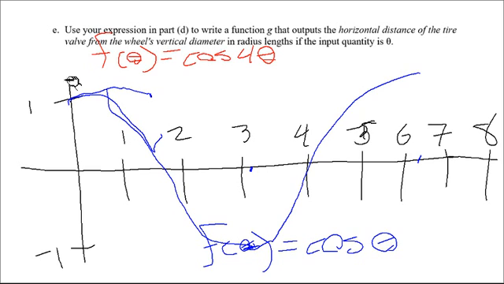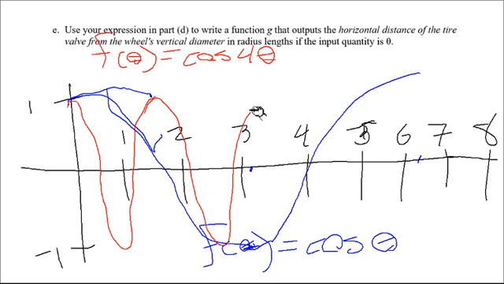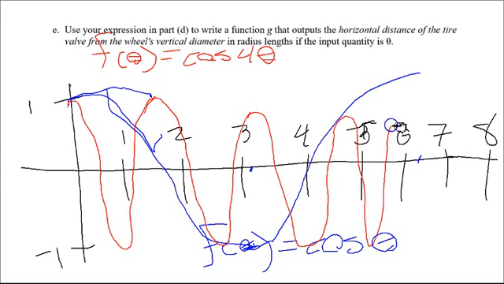So we'll have something that looks like that, and then we'll have completed another cycle after pi, and then another cycle. What took cosine theta 2 pi to complete 1 cycle, cosine of 4 theta will have completed 1, 2, 3, 4 revolutions.